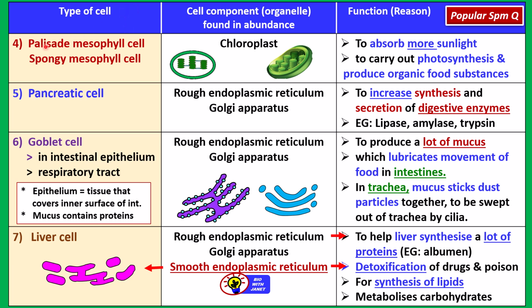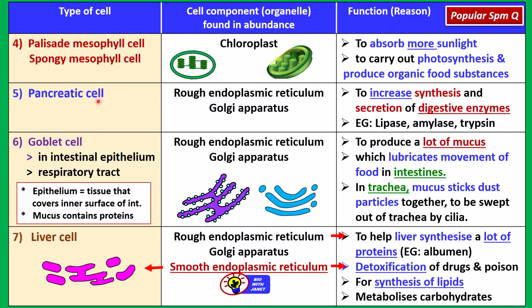Next, palisade mesophyll cells and spongy mesophyll cells in the leaves of plants contain a lot of chloroplasts to absorb more sunlight to carry out the process of photosynthesis and produce organic food substances.